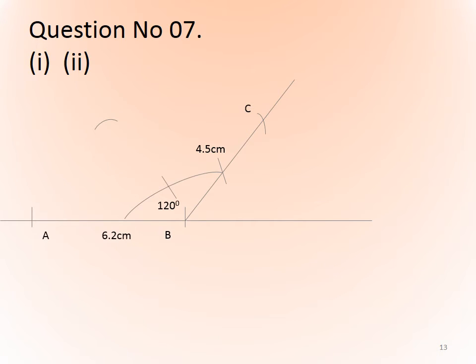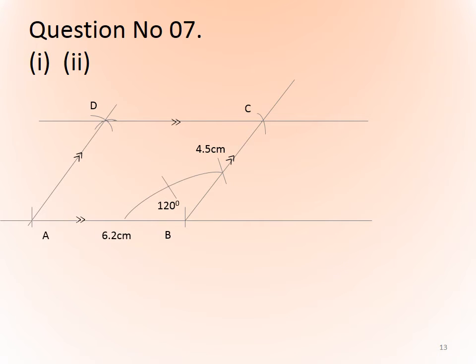Then measure the length of BC using the compass, keep it on top of the point A and again draw an arc here. This intersection point is D. Now connect A to D and D to C. AB is parallel to CD and BC is parallel to AD. Now you can see the parallelogram ABCD.